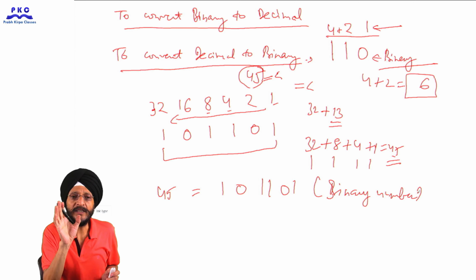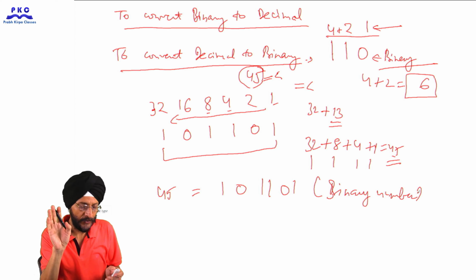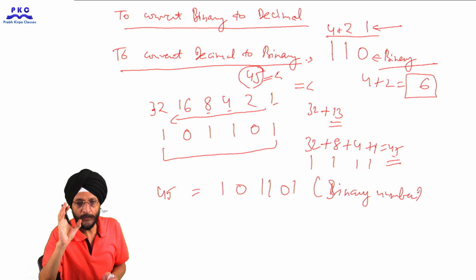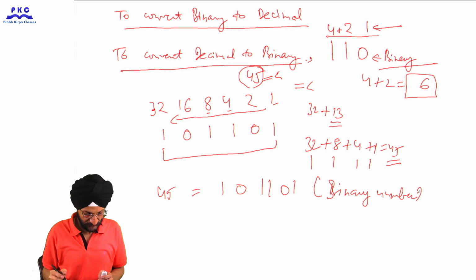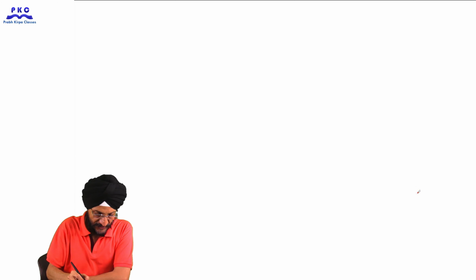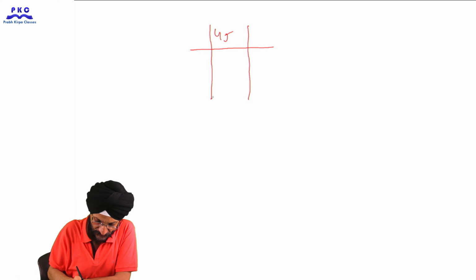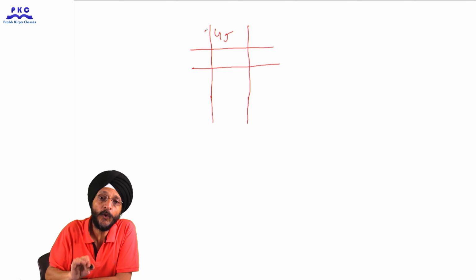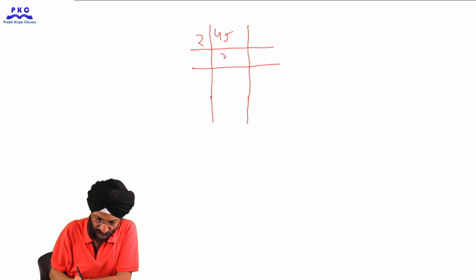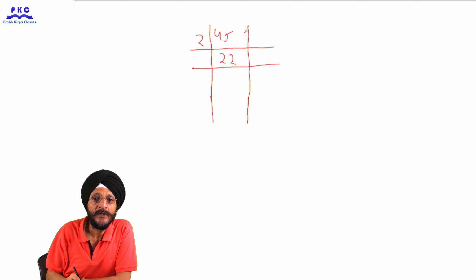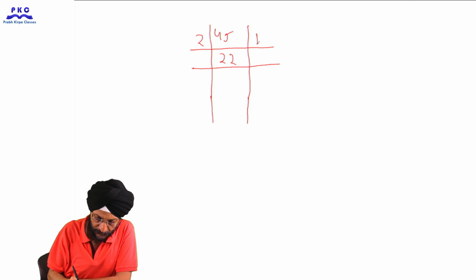So there is another traditional method, which we will also learn, although that form is somewhat more difficult. What is that format? Suppose we want to convert 45 into binary. We will go on dividing 45 by 2. 45 divided by 2, the remainder is 1. 22 divided by 2, the remainder is 0.